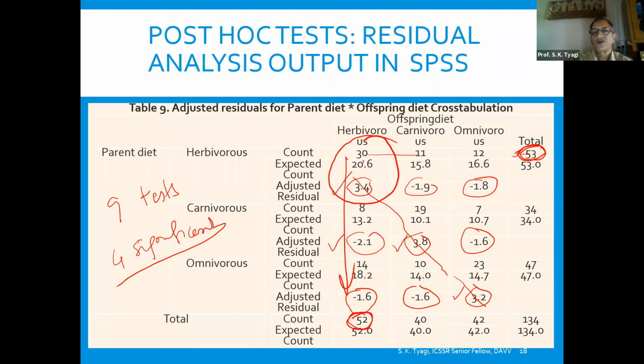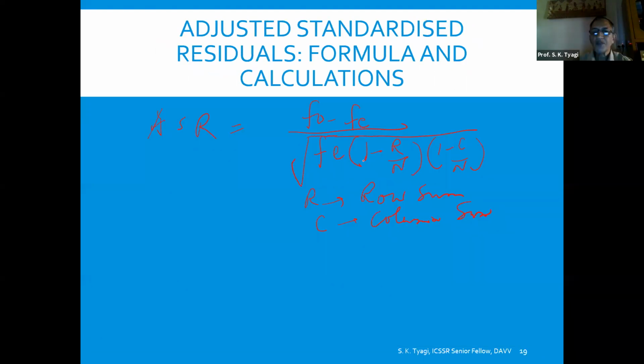Corresponding to this cell, this is first row, the marginal row sum is 53, and the marginal column sum is 52. So R is 53, C is 52.